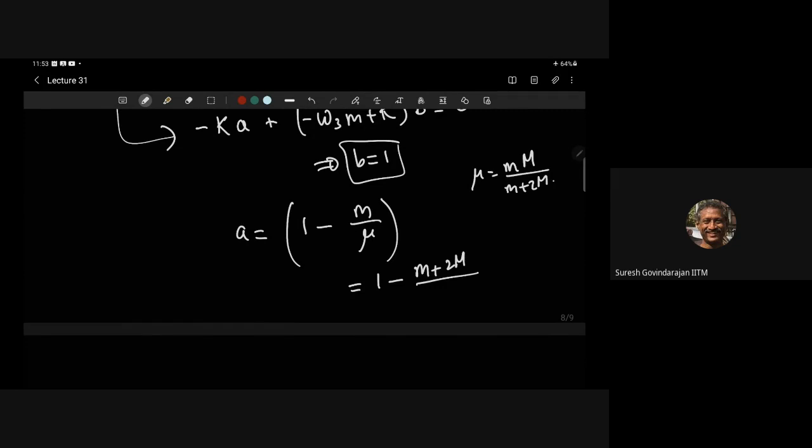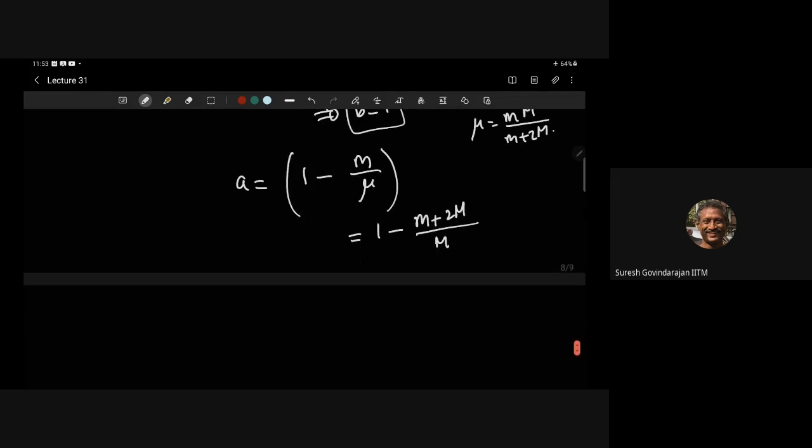Why should I be bothered? Why am I bothered? By capital N, which is equal to... so you can see that there's a cancellation, so we get minus of 1 plus little m by N. Hopefully I have not messed up. Is this okay?